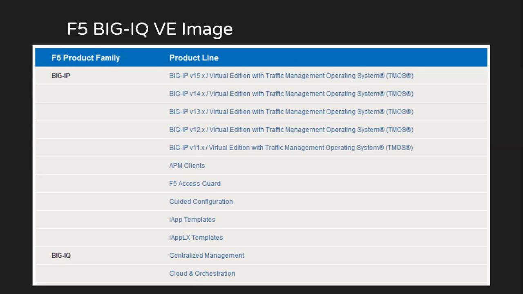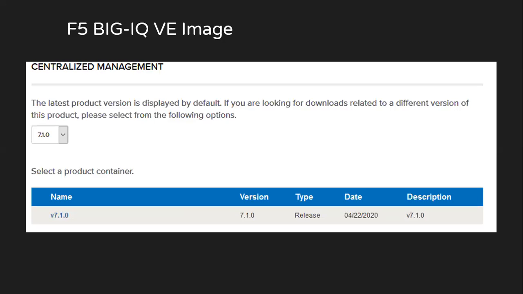Then to get the image for BigIQ, again, I'll come back to the product family page, from where I'll select the centralized management option just next to BigIQ. Once I click on centralized management, I will get an option for selecting different versions of images. So for my case, I'll be selecting BigIQ version 7.1.0.